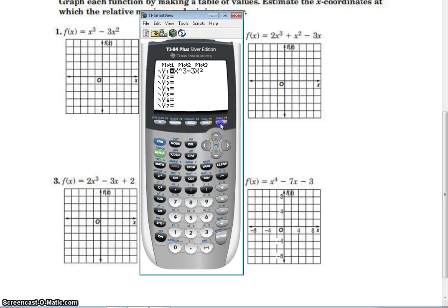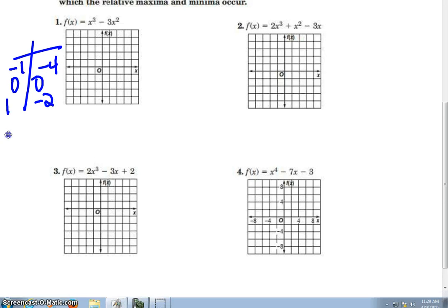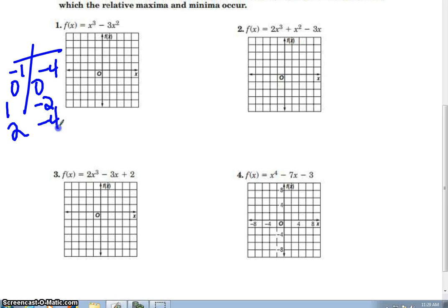Go to your table. I have a 0, I have a 0. So let's start with -1 for our table. Okay, on our table we're going to say -1, -4, we're going to say 0, 0, 1, -2, 2, -4, 3, 0.